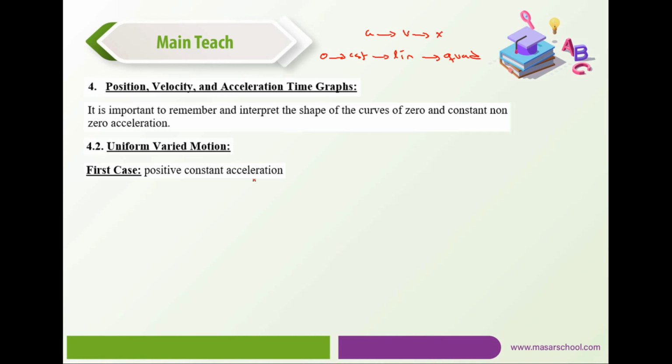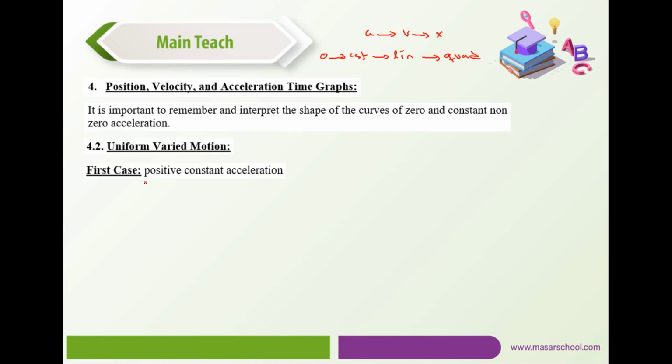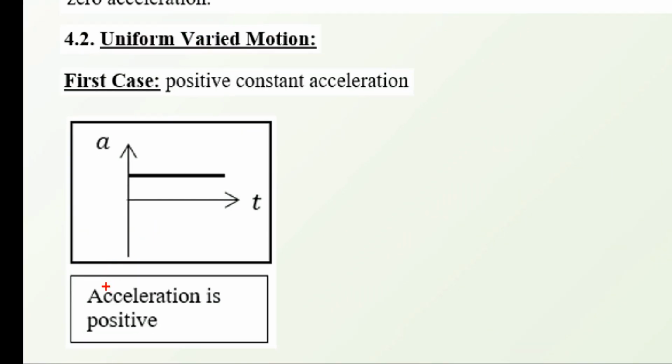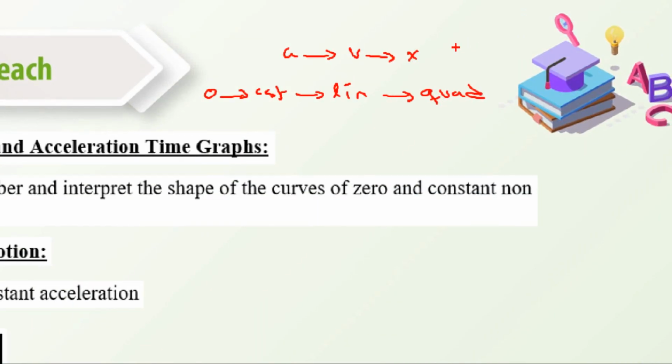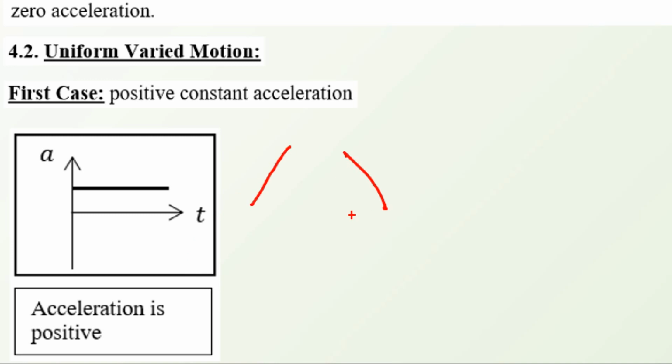Then constant acceleration is represented by a horizontal line, either shifted upward or downward. Positive means that it's shifted upward. Then the shape for the AT graph would be something like that. Now, if we're respecting this order, constant means the next corresponding shape would be linear, which means either like this or like that.